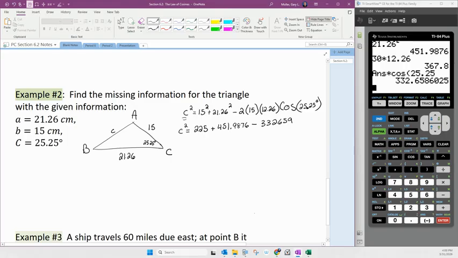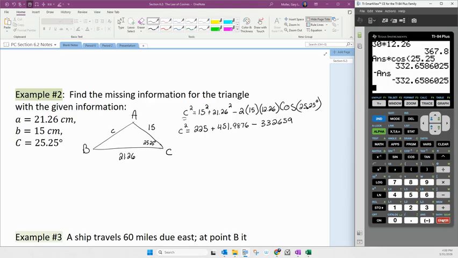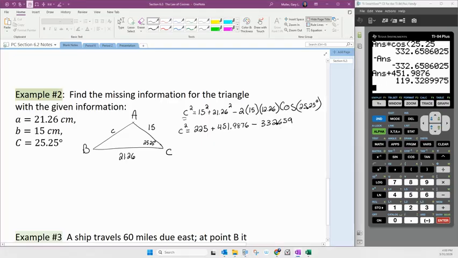And now what am I going to do? I need to combine all this together. So I'm going to kind of do things a little bit backwards here. I guess I'll call this a negative number. I'll go ahead and just convert it. So now I can add 451.9876, which I think was an exact number, so there's no rounding issues other than this one right here.